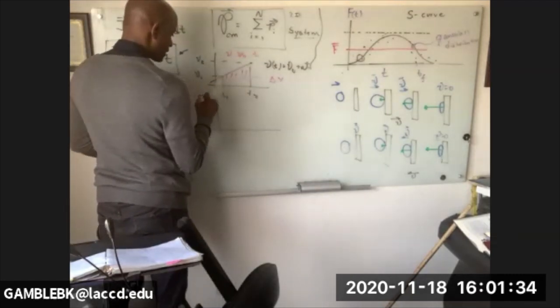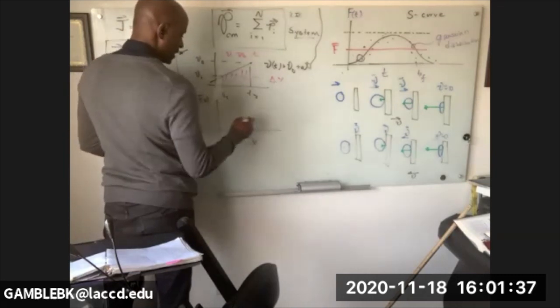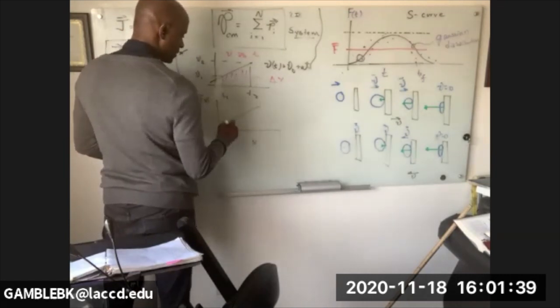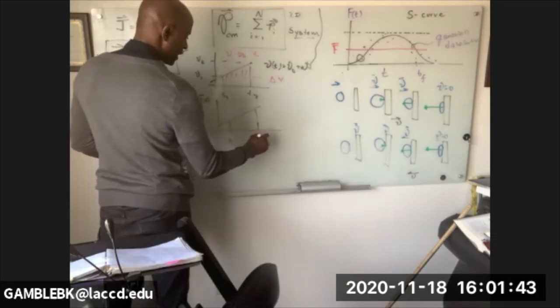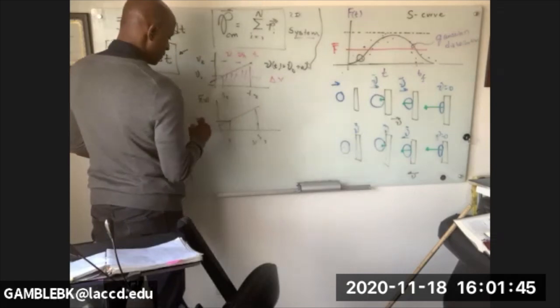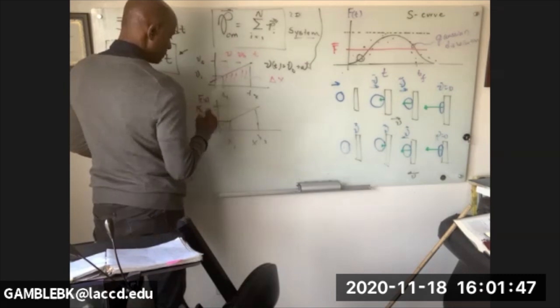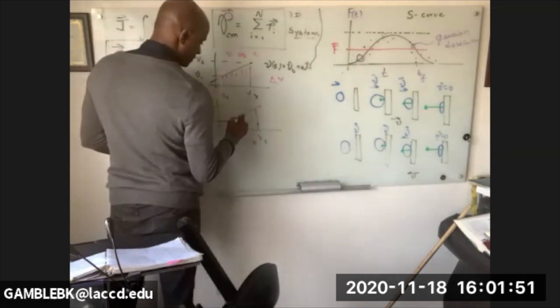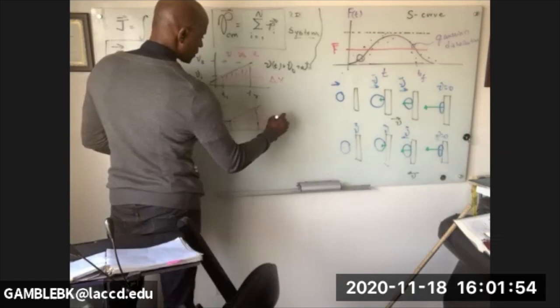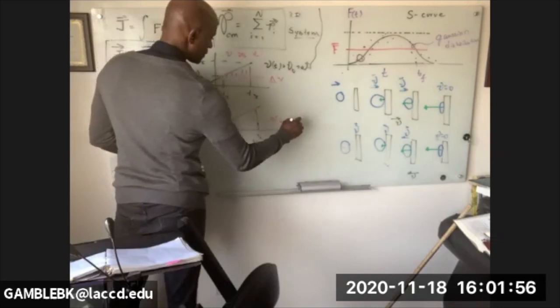Plot F of x versus x. Again, make it linear, make it a spring, F equals kx, where that's x1, x2, F1, F2, right? The area under that curve was work. Work is equal to F dot delta x.